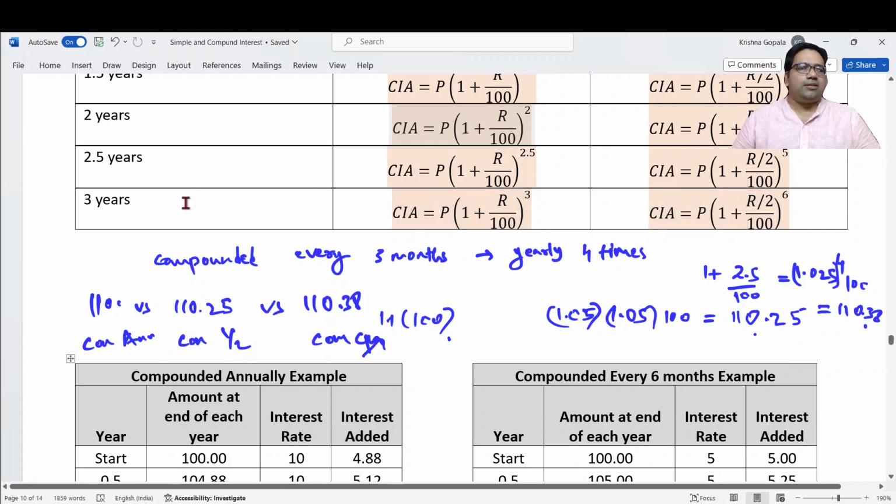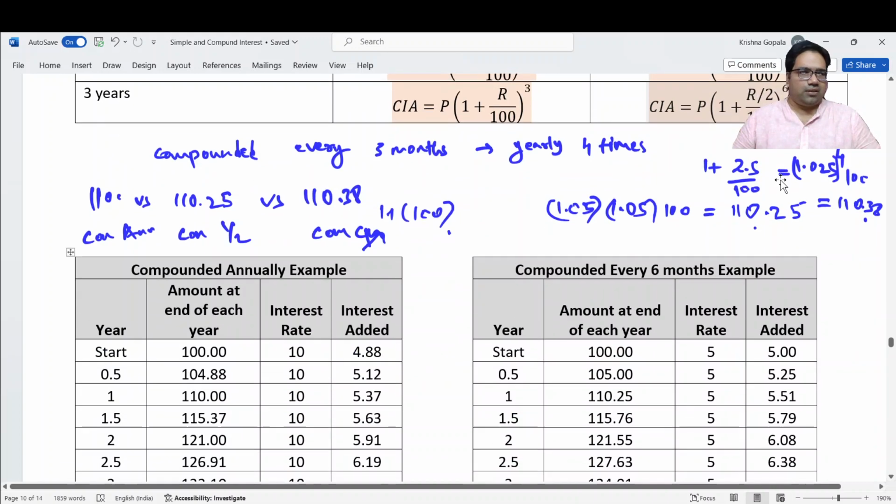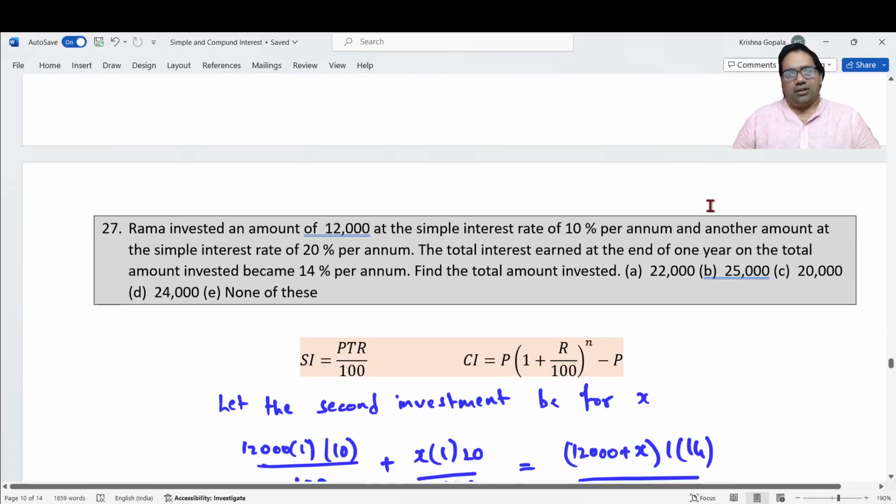For 3 years, how many such 6 month time periods are there? There are six. So that's why power 6. Similarly, for 2 years, the interest rate is R by 2 only, because in a year there are two time periods. And for 2 years, how many time periods are there? So power 4. Right? This is how we calculate compounded annually or compounded quarterly or half yearly.